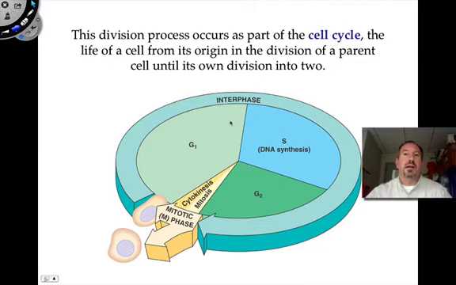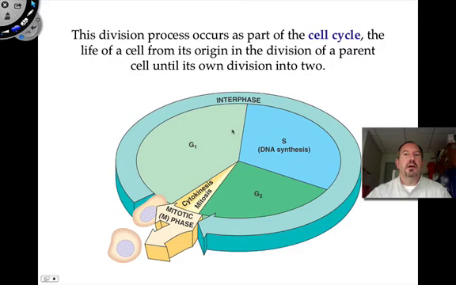And what we mean by a cycle is that if you look at one cell, as it grows up, it's going along, and then ultimately gets so huge that it divides into two, and then those daughter cells go on and do the same thing. So it is indeed a cycle.